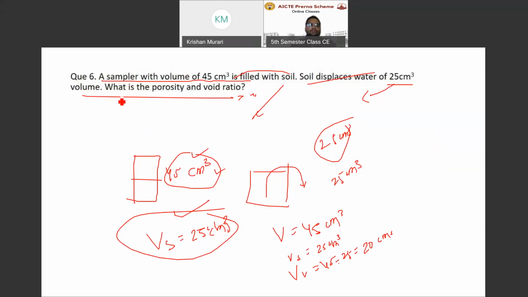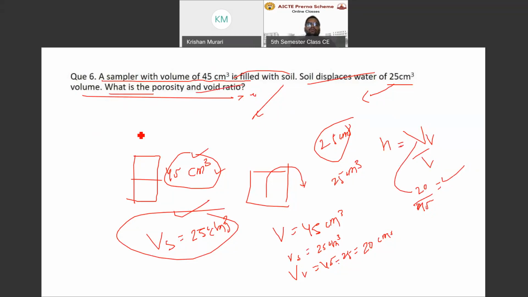Now what does the question want? The porosity. What is the porosity? It is the ratio of volume of voids to total volume. Here the volume of voids is 20 and the total volume is 45. You can easily calculate this.